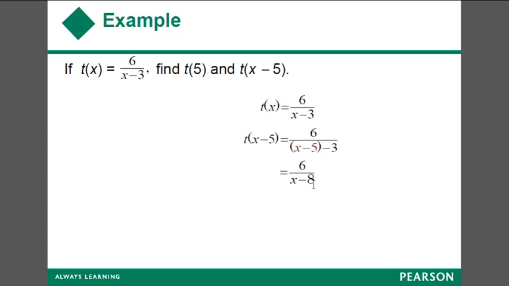At this point, I cannot simplify any more. There's nothing else I can do to the denominator. It's as simplified as it can be. And I can't do anything with the numerator. Since I have this minus sign in the denominator, I cannot simplify the 6 and 8. So my final answer, t of x minus 5, is equal to 6 divided by x minus 8.